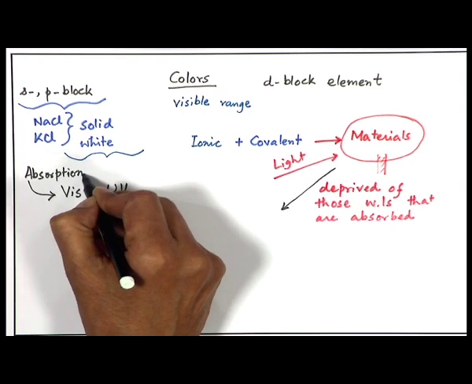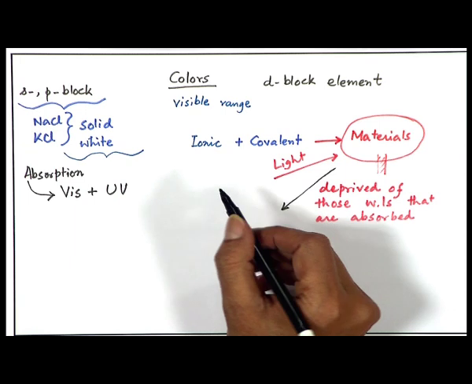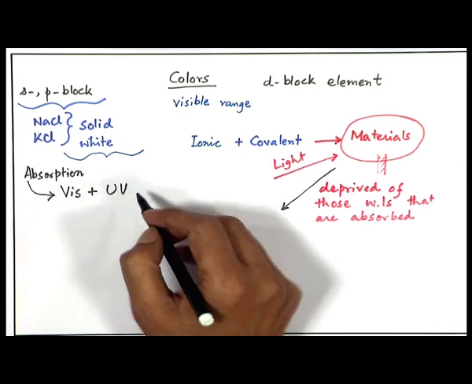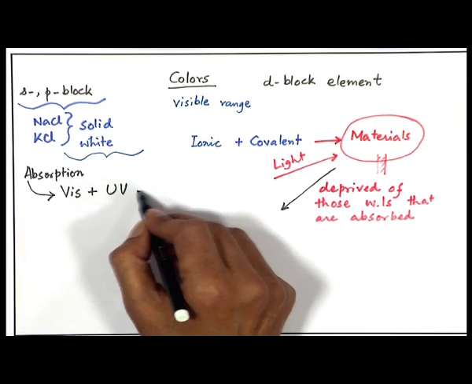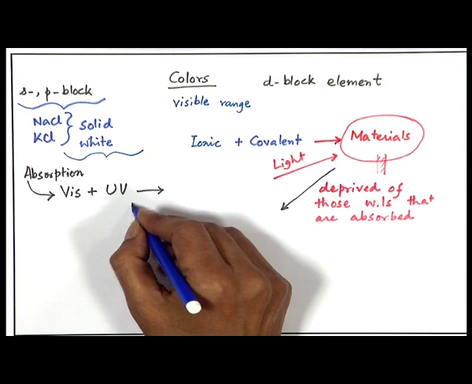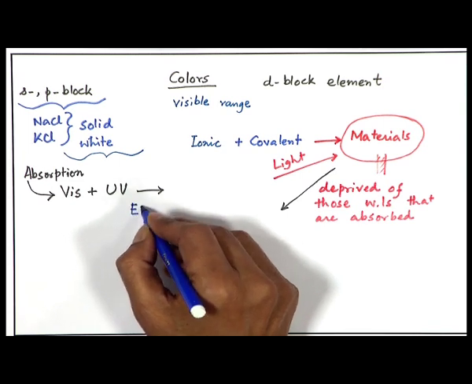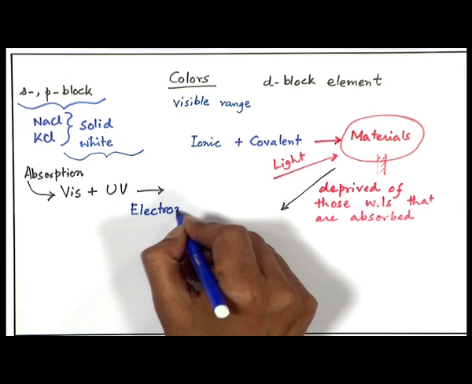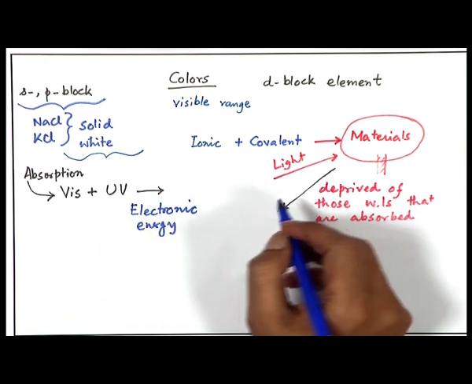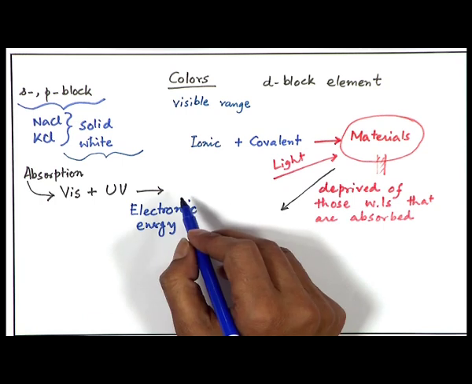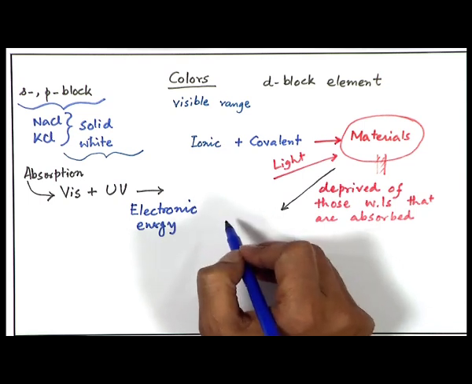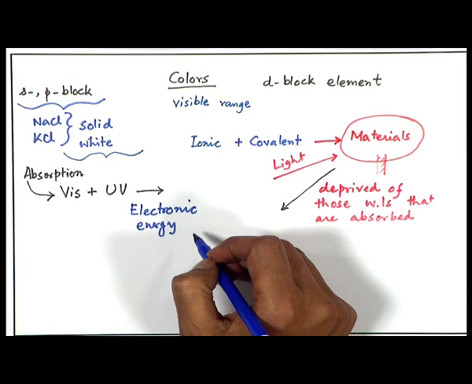Absorption of a corresponding energy can be there, which is due to the changes in the electronic energy. We will be focusing our attention on the changes in the electronic energy, not on the bond vibration or the rotation of the molecule. This we are not talking about.